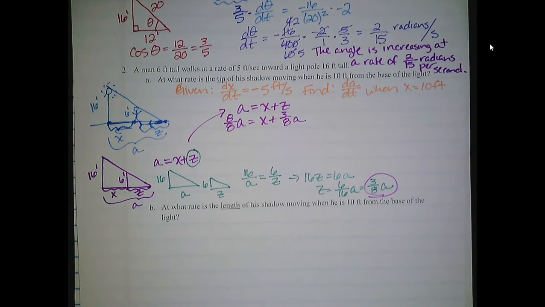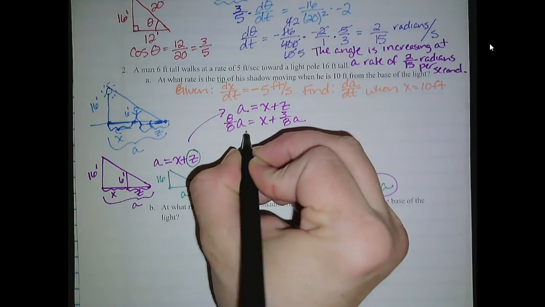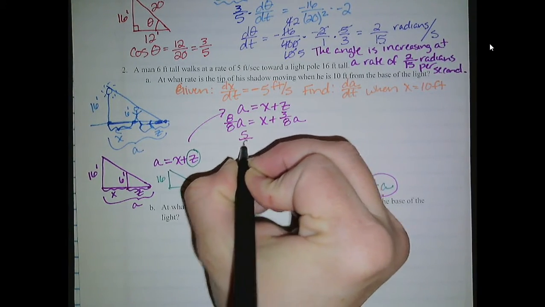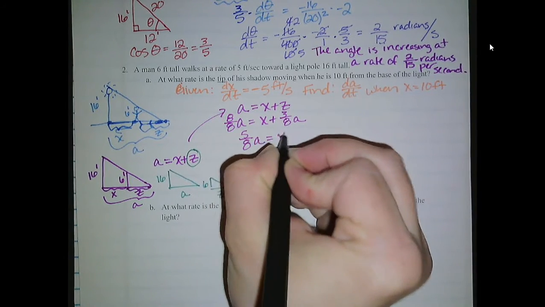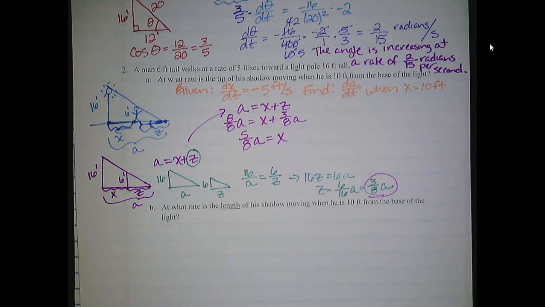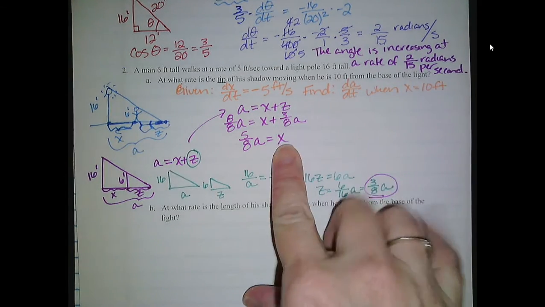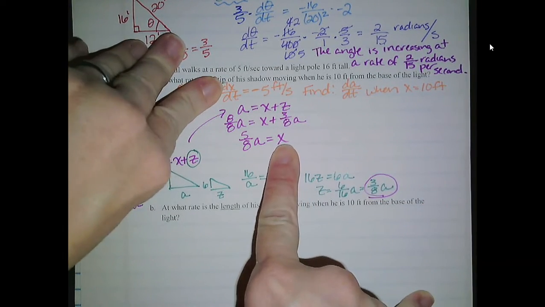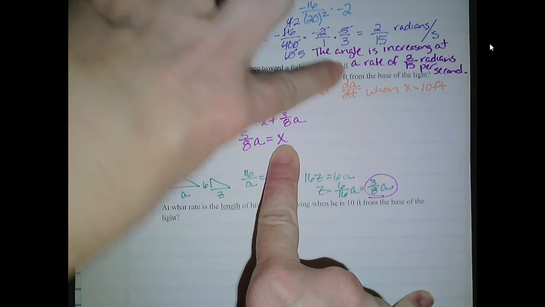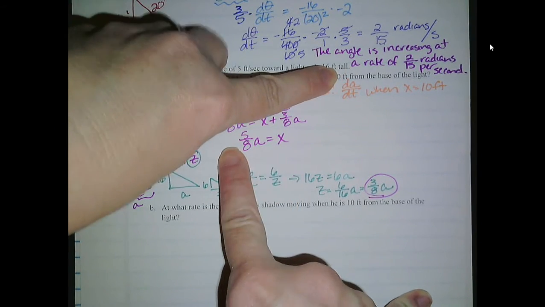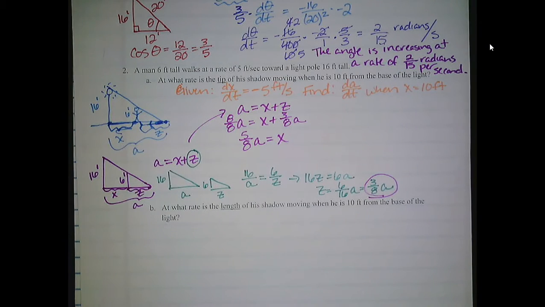If I subtract 3/8 a, then I have that 5/8 a is equal to x. So now I finally have an equation that relates the variable whose rate of change I know, x, and the variable whose rate of change I don't know, a. So now I'm ready to look at the relationship between those rates of change.